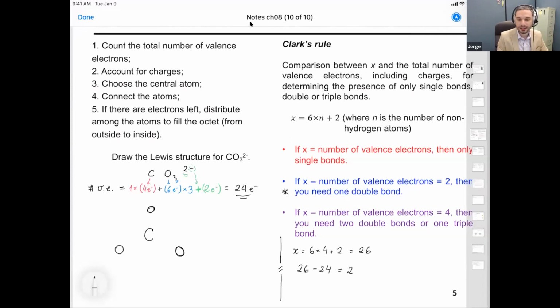So we are in the middle case here. When the difference between X and the number of valence electrons is 2, then we need 1 double bond.